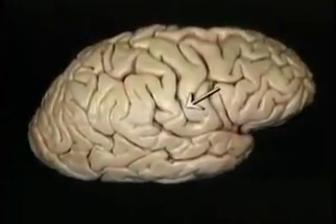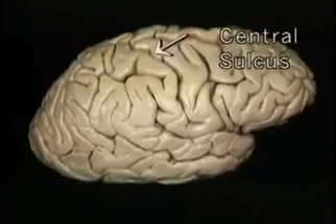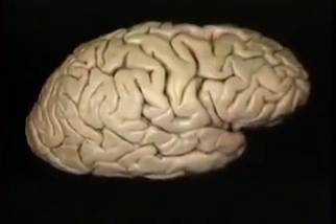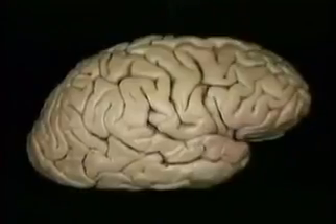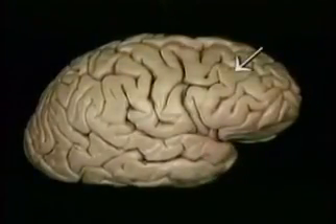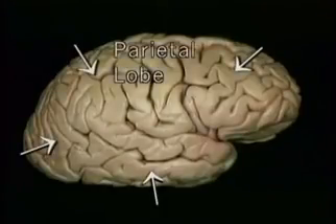This long sulcus running upwards and backwards is the central sulcus. It's the only one that runs all the way to the medial surface of the hemisphere. The cerebral hemisphere is described as consisting of 4 lobes: the frontal, temporal, and occipital lobes that we've mentioned already, and the parietal lobe.